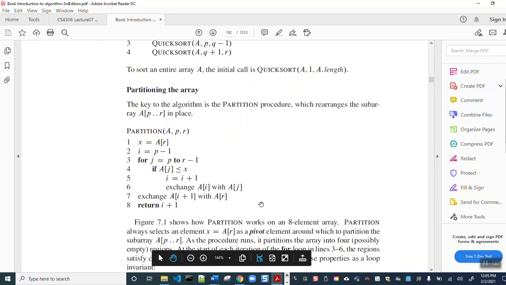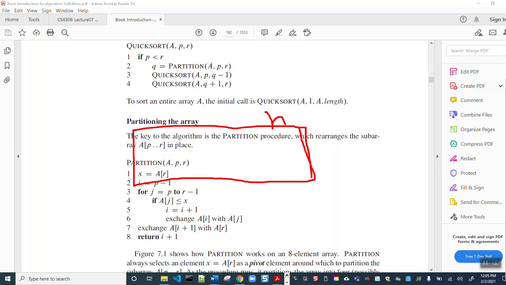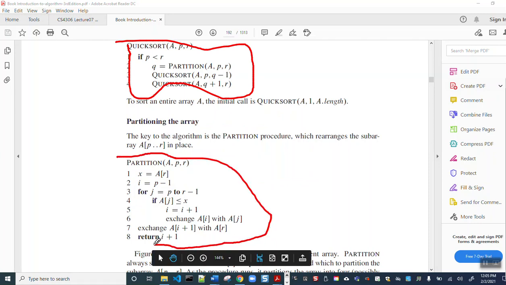So you see this Quicksort algorithm is pretty simple, only a few lines of code, only this part. But it uses another method called the partition method. What does it do?